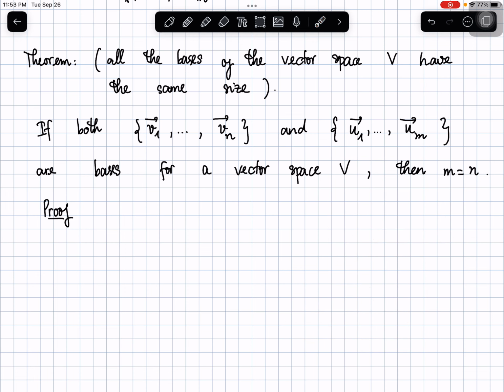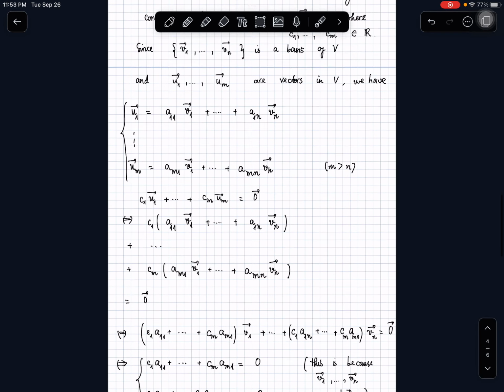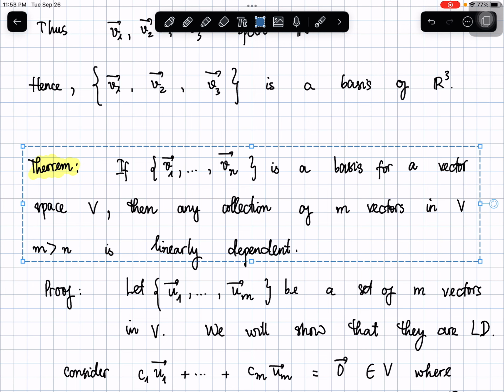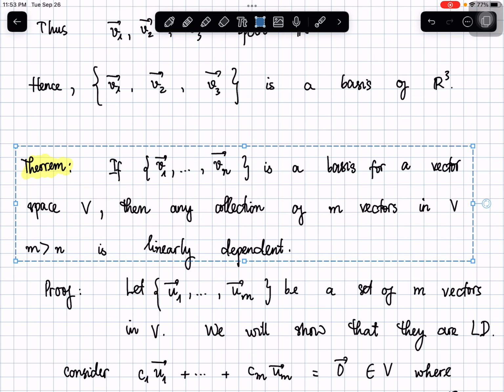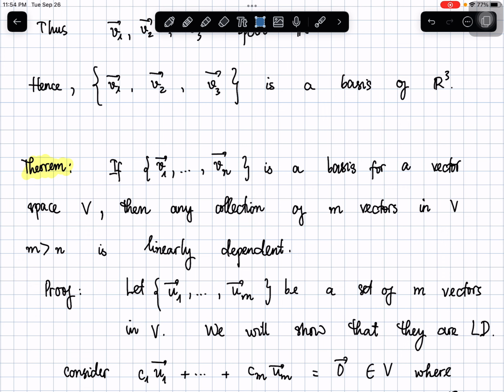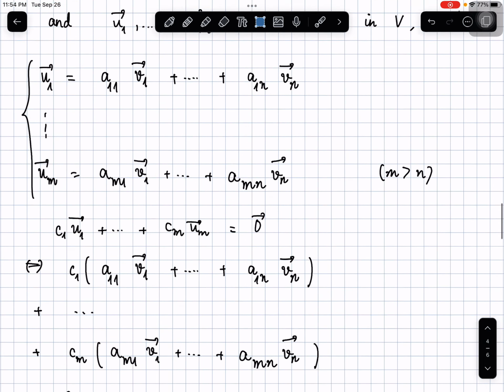So maybe I recall the theorem. Maybe I just copy the theorem. Here's the theorem. It says that if v1 to vn is a basis for a vector space V, then any collection of m vectors in V, where m is greater than n, is linearly dependent.